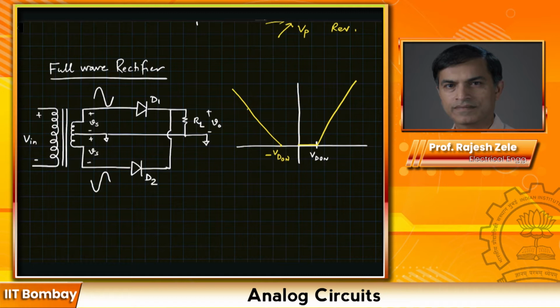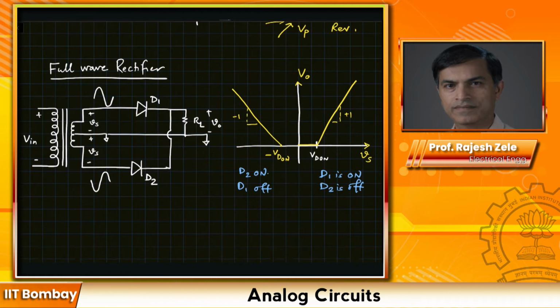Here you will have a slope of -1, here you will have a slope of +1. We write down here, this is when diode D1 is on and D2 is off, and this is where diode D2 is on and D1 is off.